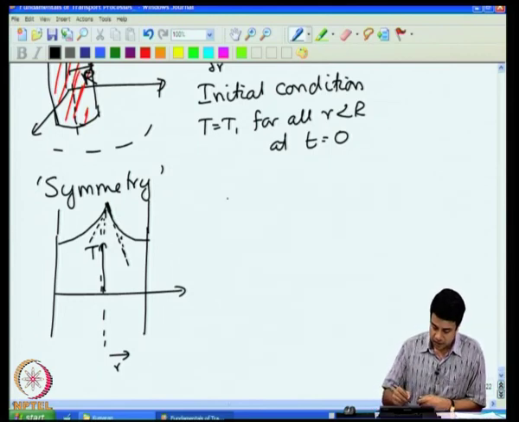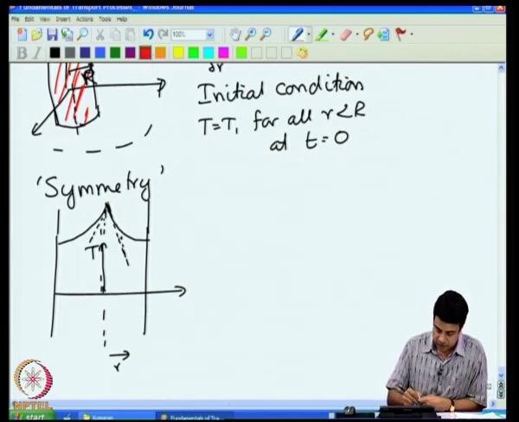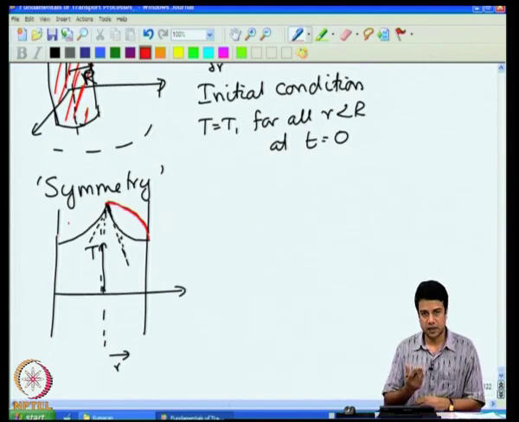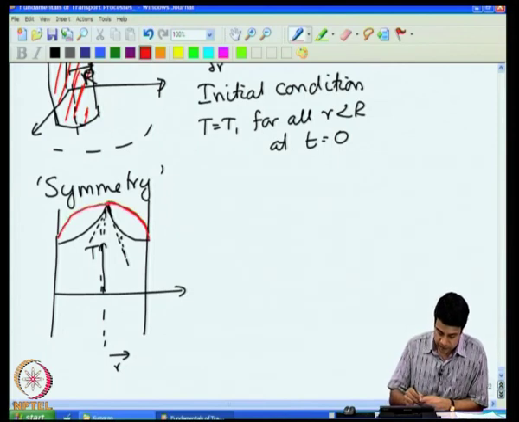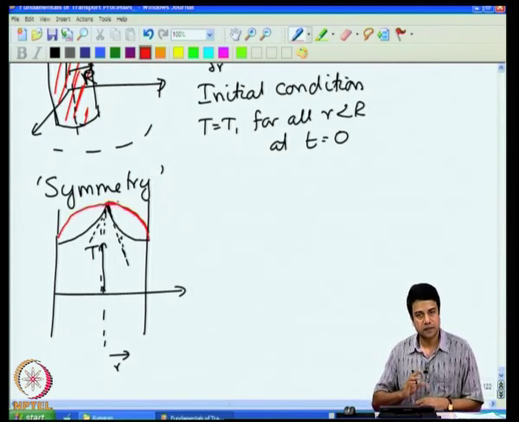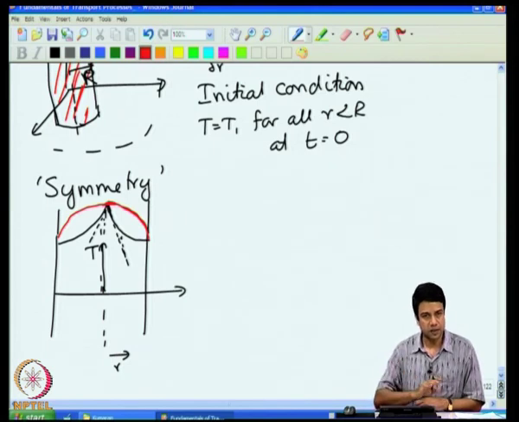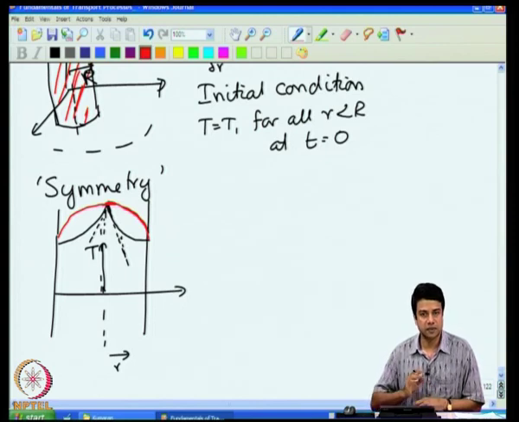The only way that the derivative will be uniquely specified at the center is if the derivative is 0 at the center. If I have a derivative going to 0 at the center, and I turn this all the way around and come back on the left side, the derivative will still be 0 at the center. So, the derivative is now continuous as I go from the right or from the left. This symmetry requires that the derivative of the temperature has to be 0 as you approach the center.